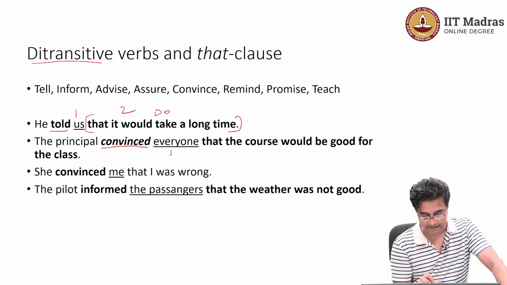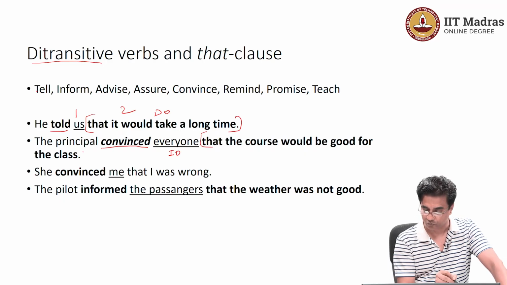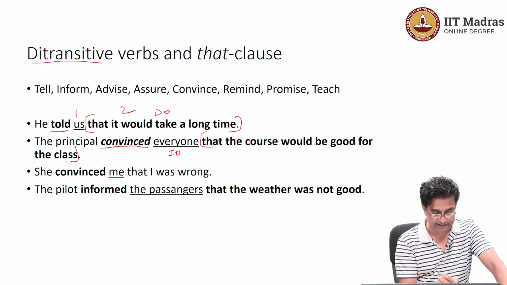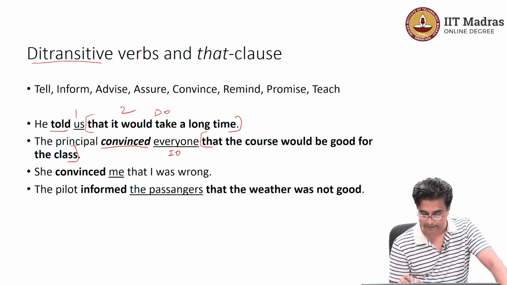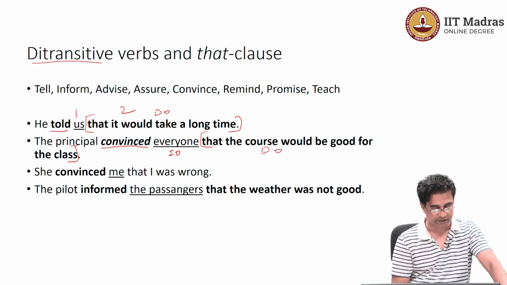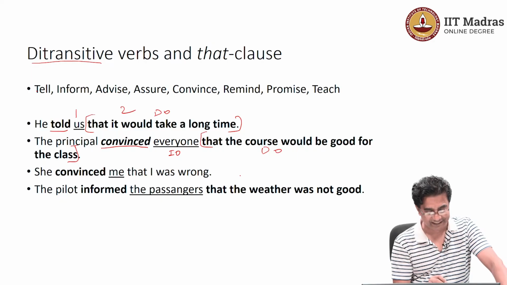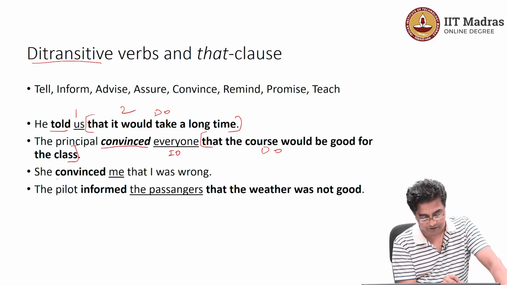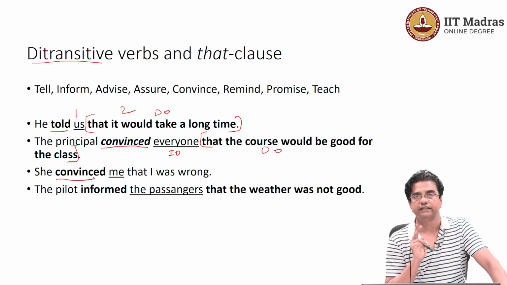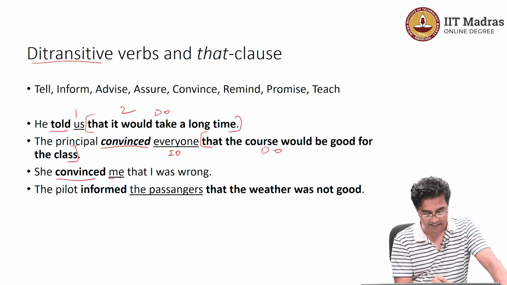Everyone is the indirect object, and that the course would be good for the class is the direct object. She convinced me that I was wrong. Here the verb convince takes two objects: me, indirect object, and that I was wrong is the direct object.